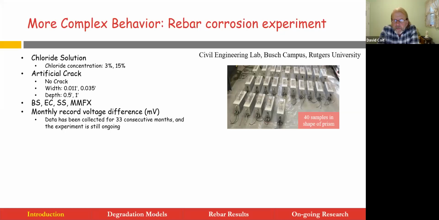And the degradation is a surrogate measure. It's a voltage difference.